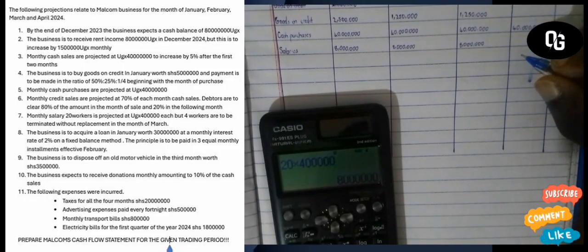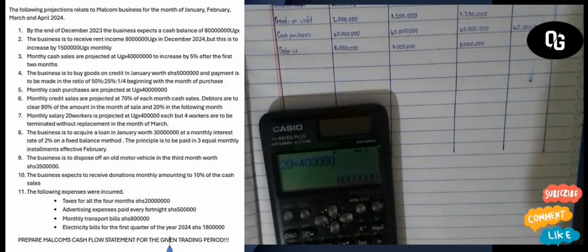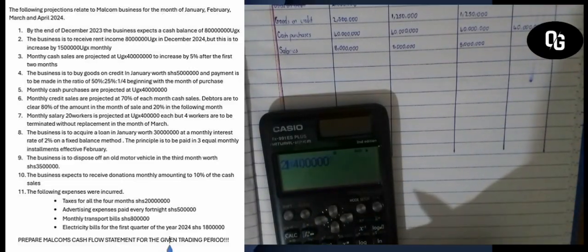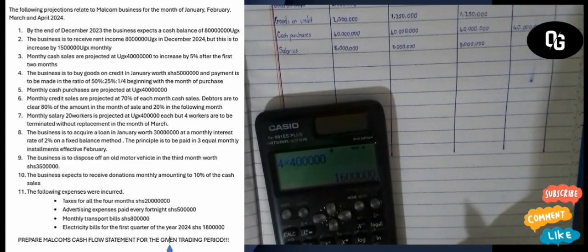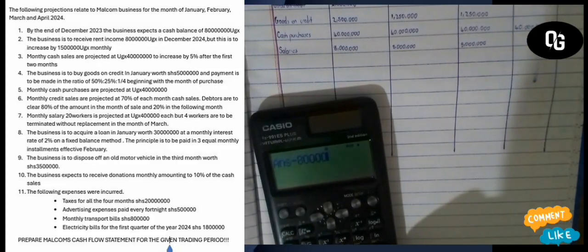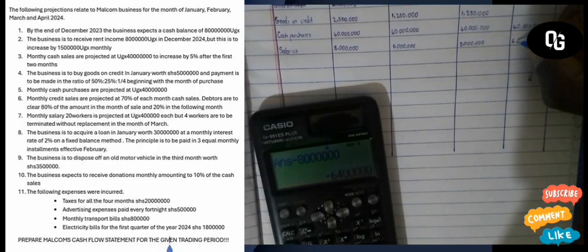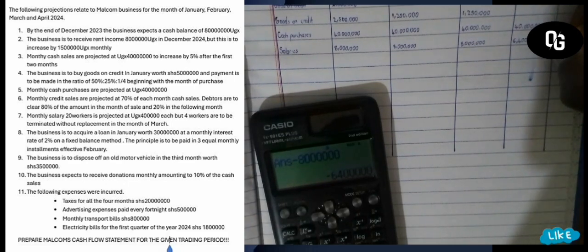So in March, we are to let go of 4 workers. So as you can see, I have filled in the 8 millions for the first 3 months up to March, because when you're terminated, the month in which you've been terminated, you are paid. So all those 3 months, January, February, and March, people received money, 8 million.